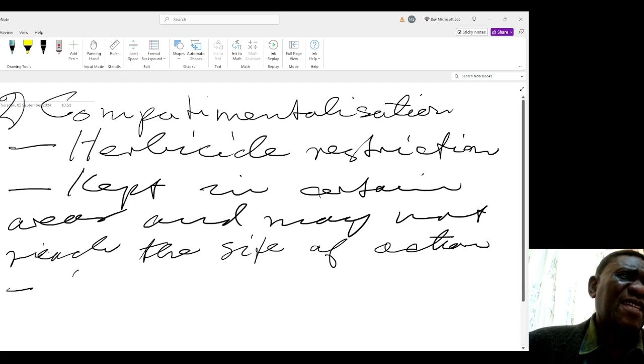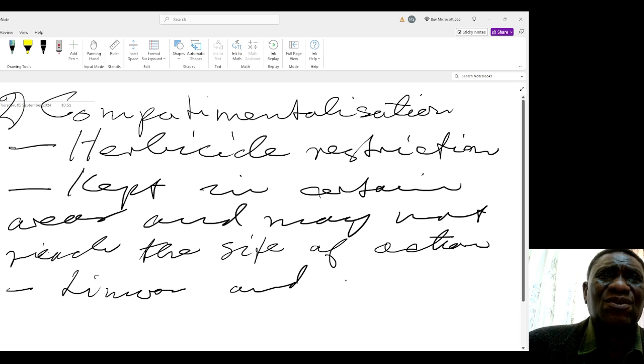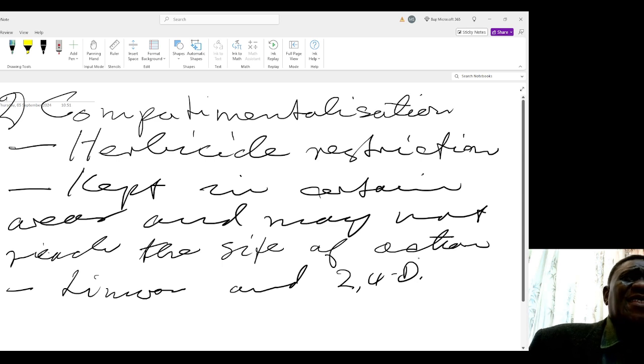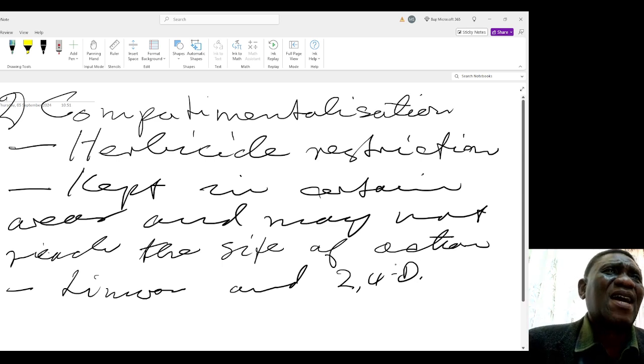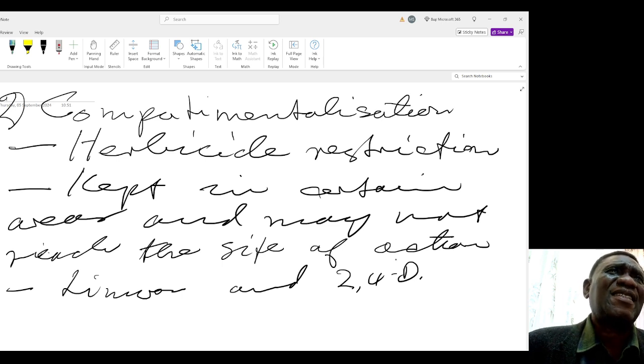Again, probably linuron in carrots could be the example, and also 2,4-D, because there's a restriction in terms of movement, so these herbicides may not reach the site of action.